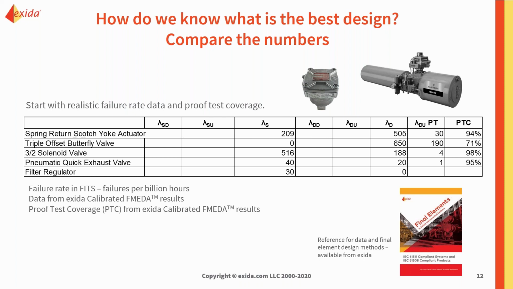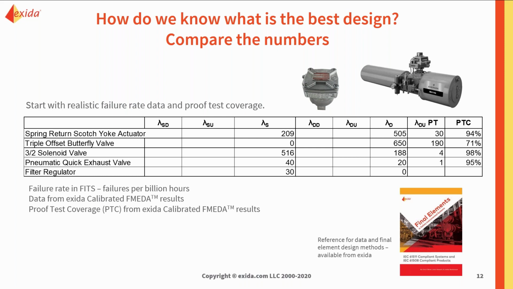We put together 4 different assemblies with 4 different architectures, all including a spring return actuator, a triple offset butterfly valve, a 3-way solenoid, and depending on the configuration, a quick exhaust valve or not, and filter regulators.